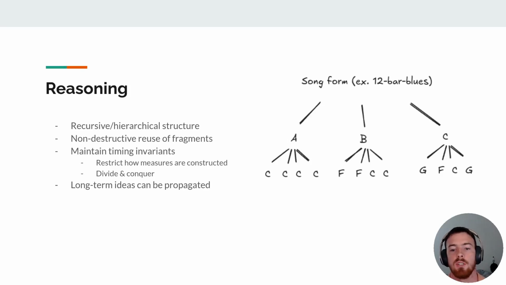So for example, if you want to have an idea repeated at the very beginning and the very end of a musical piece or fragment, it can be very hard to ensure that. It can also be hard to constrain the length of the composition, which is completely alleviated by having tree-like structures of replacement with your production rules. So you can see one way to use grammars to compose is by using hierarchical structures to enforce these constraints.